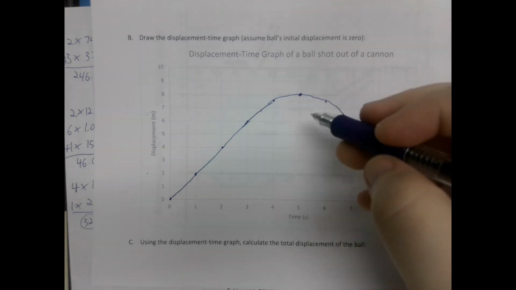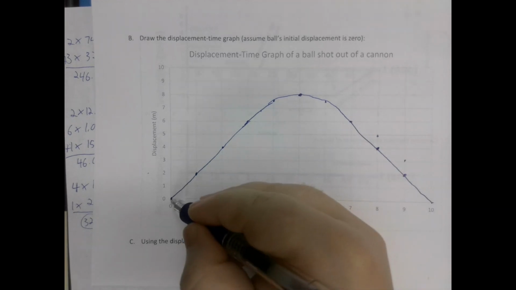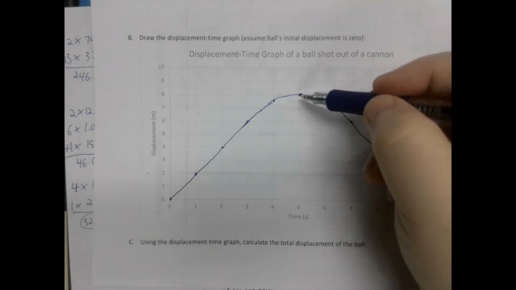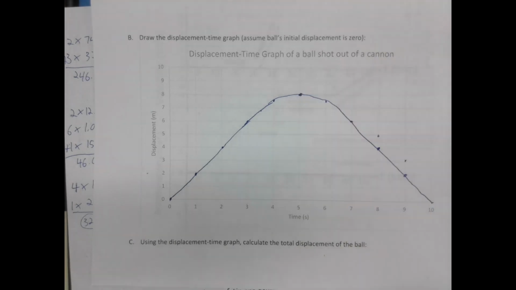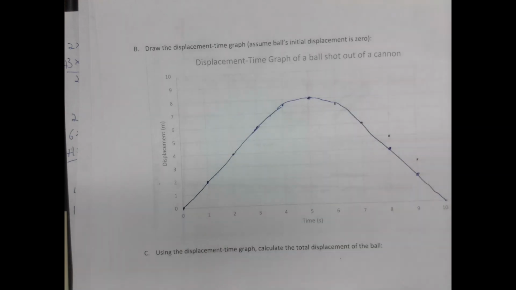Because now we can see that the farthest they got from the start, or if this was a cannon you're shooting up in the air, you can see that the cannonball reached the height of 8 meters. So you launched it straight up into the air, it reached the height of 8 meters, and then began falling back down. So we can take the velocities and get this parabola shape with these lines right here.